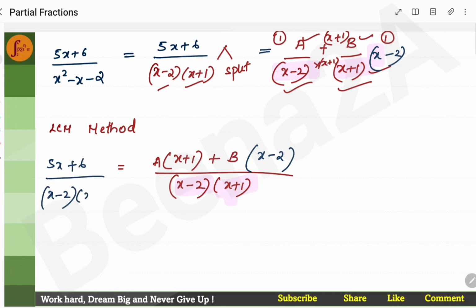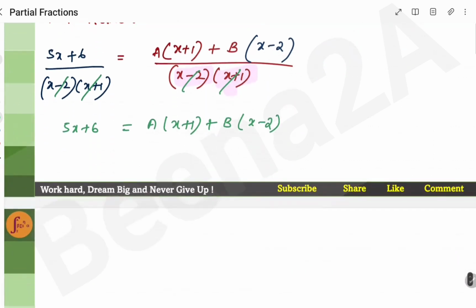The denominators will get cancelled because both are same, right? Now I'll get an expression which is free of denominators. So now I'll find the values of x. What are the values of x? Simple. It's plus 1, so it becomes minus 1. Here it's minus 2, so it becomes plus 2.